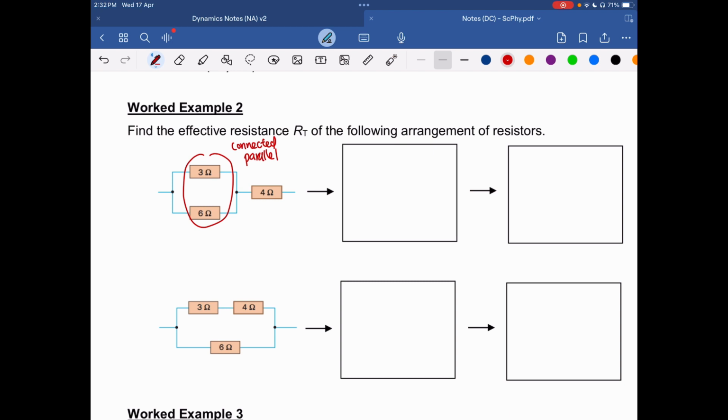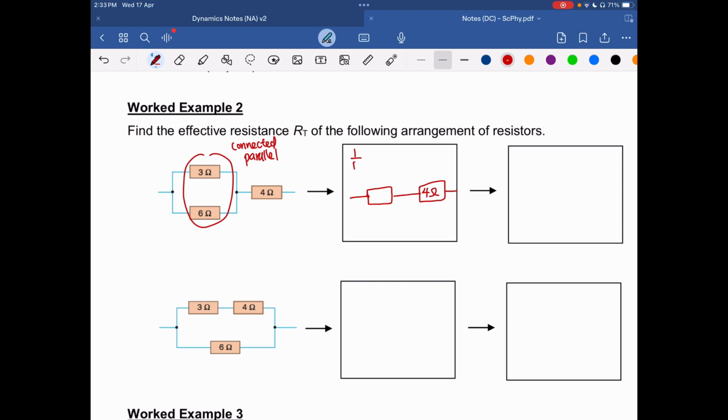So this will be the same as if I connect one resistor that has the effective resistance of these two in parallel, with the other 4 ohm resistor. So what would be the effective resistance of this resistor?